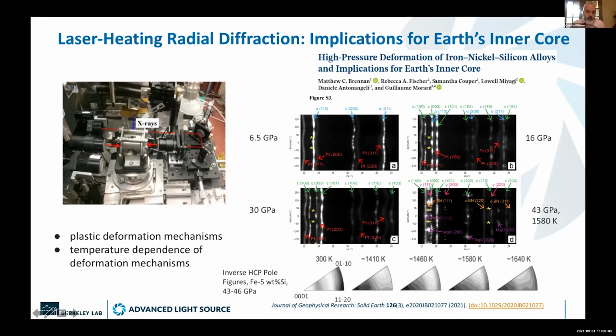And of course, the ultimate goal here is to determine whether this can explain the anisotropy within Earth's inner core, which is seismically faster along the polar axis relative to the axial axis. And the tentative answer is, of course, that this is one alloy that could potentially produce such preferred orientation.